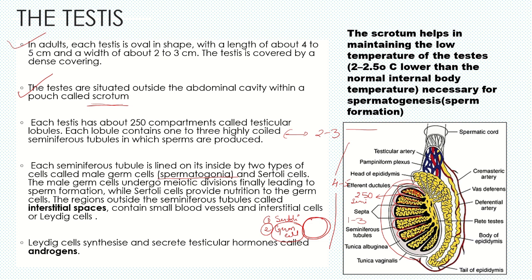So the seminiferous tubule is lined by two types of cells. The cuboidal cells that you see are the germ cells, I'm just giving you a rough idea, and the Sertoli cells are present in between the germ cells like these. The job of the Sertoli cells is to provide nourishment, and the germ cells form the sperm through various intermediate processes.